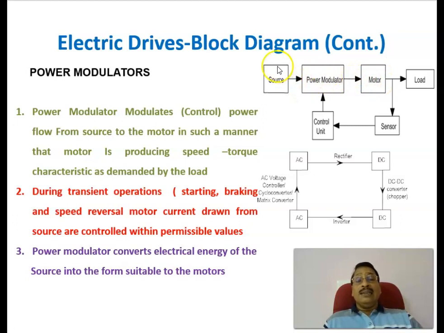If the input is AC and the motor is a DC motor, it is an AC to DC converter, a controlled rectifier. If the input is fixed DC, but you want a variable DC voltage for a DC motor, then you will be using the chopper. Therefore, depending upon the motor and the source available, the role of the power modulator will change. The power modulator converts the electrical energy of the source into the form suitable to the motor.